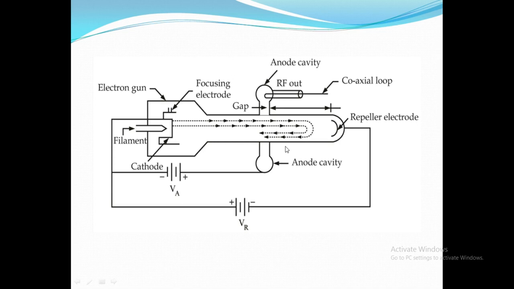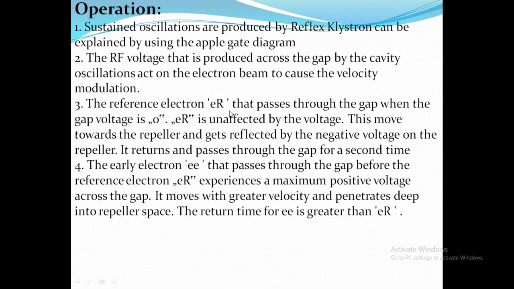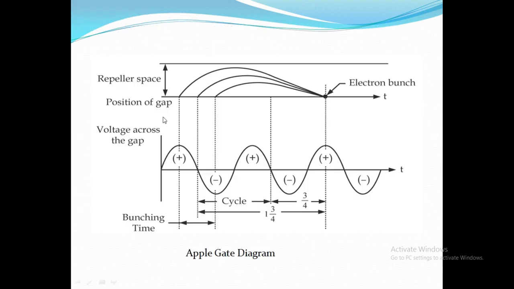We considered the reference electron as ER and the early electron as EE. The early electron passes through the gap before the reference electron, when it experiences a maximum positive voltage across the gap.